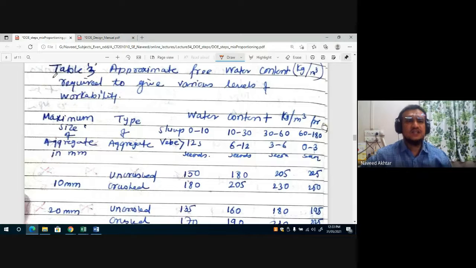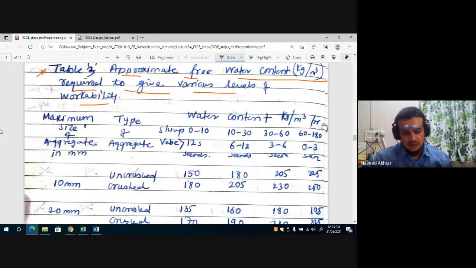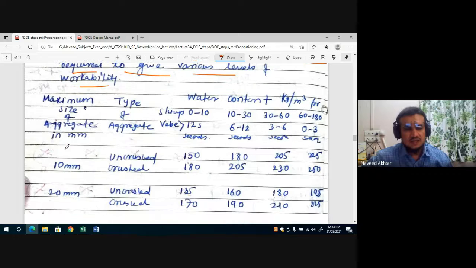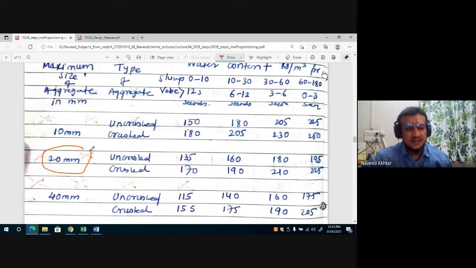So here you can see in table number 3 the approximate free water content in kg per cubic meter required to give various levels of performance. If in your case we are using 20 mm size aggregate, which is crushed stone aggregate, and the slump value is between 10 to 30, then the water content will be 190 kg per cubic meter. Did you understand?